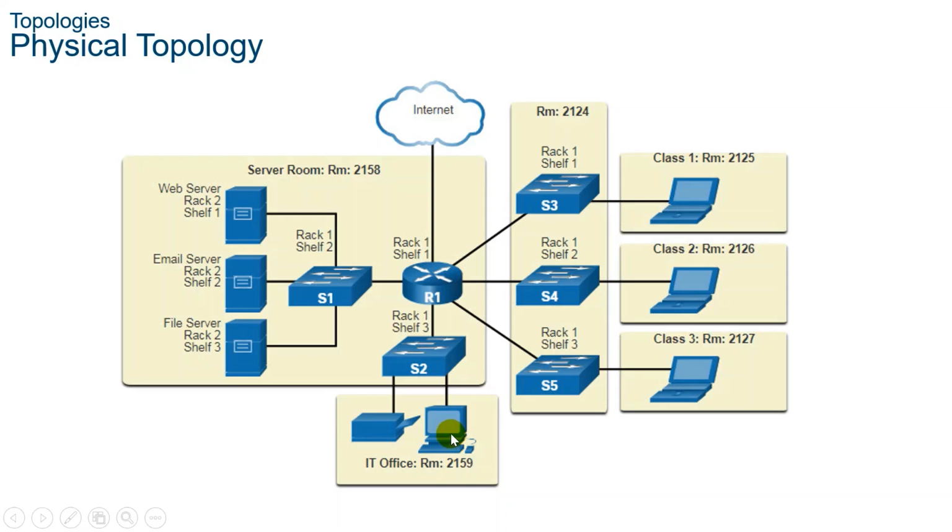It contains a router labeled R1. We've got R1 here on rack 1, shelf 1. A cable at the top connects to the cloud, labeled as the internet. So this is how you present a physical topology. Everything is labeled in accordance with the rack, the shelf, and the role, whether it is a web server, an email server, or a file server.